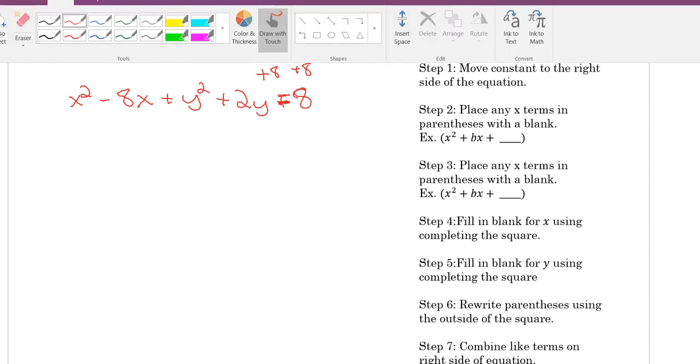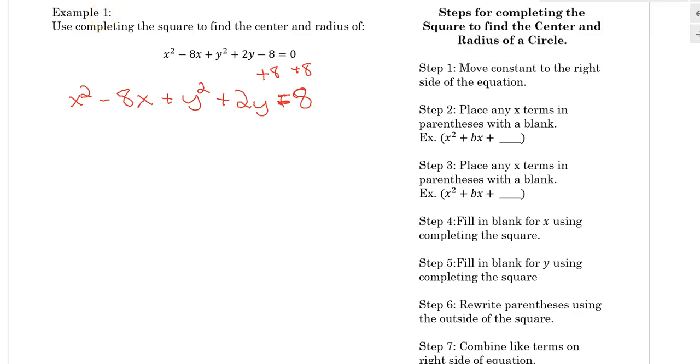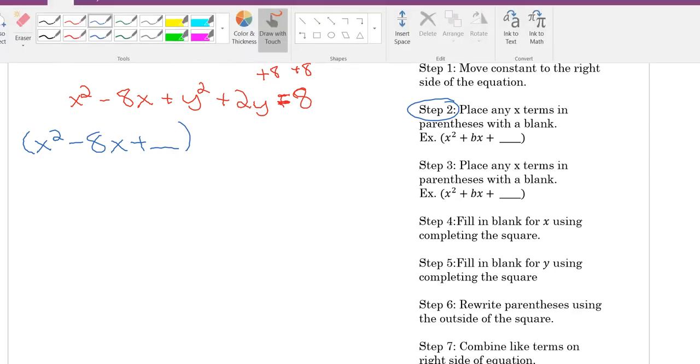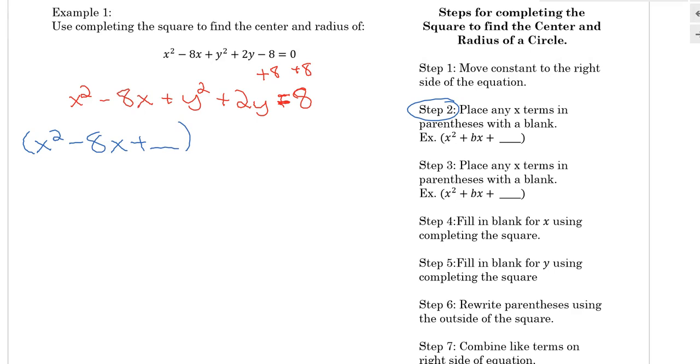Then, the first thing I'm going to do is place any x terms in parentheses: x squared minus 8x plus blank. I'm also going to place any y terms, that's step 3.